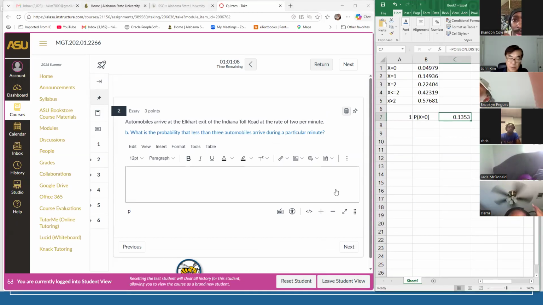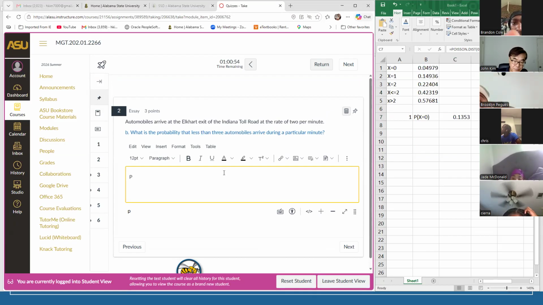Okay, next question with the same condition, 2 per minute. What is the probability that less than 3 automobiles, less than 3? So probability x less than 3 equals add probability. X equals 0, x equals 1.